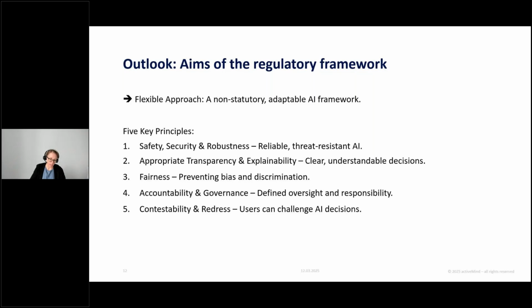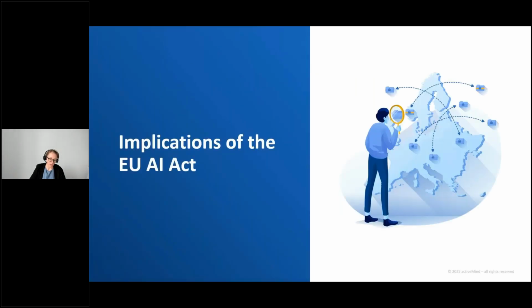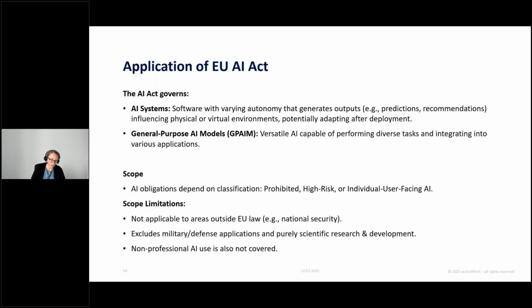If we look at the implications of the EU AI Act on UK business, so let's move forward. As I said already before, the EU decided to take a completely different approach.